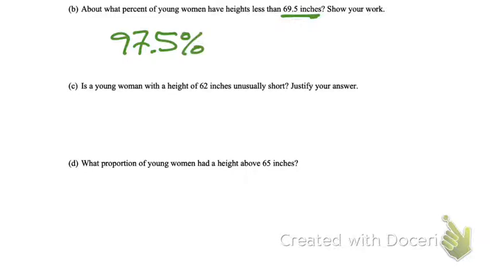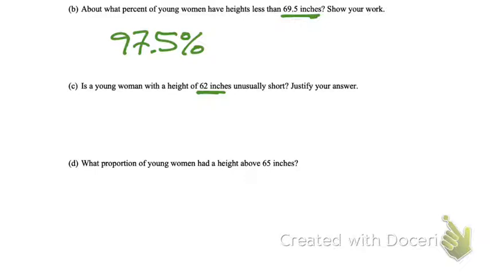Is a young woman that has a height of 62 inches unusually short? No. Why not? It is within 2 standard deviations of the mean. She's 1 standard deviation below average. Now, some people would say yeah, she is, because she's at the 16th percentile, and there's only 16% that is less than her. But statistically speaking, 16% is kind of a lot.